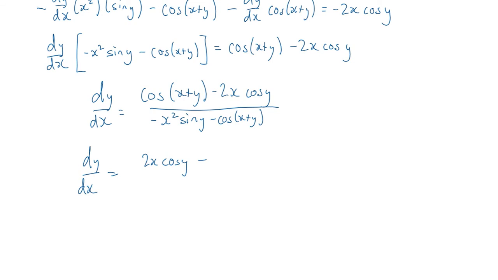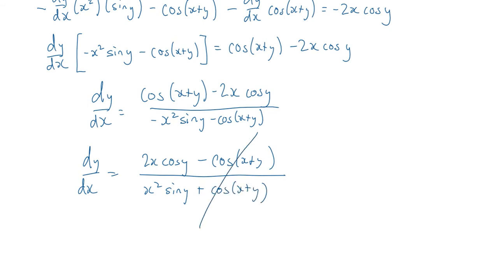And the positive cos x plus y is going to become negative cos x plus y over x squared sine y plus cos x plus y. I can't cancel those or anything like that because I'm adding, so there's nothing else I can do. I can't clean this up any further.